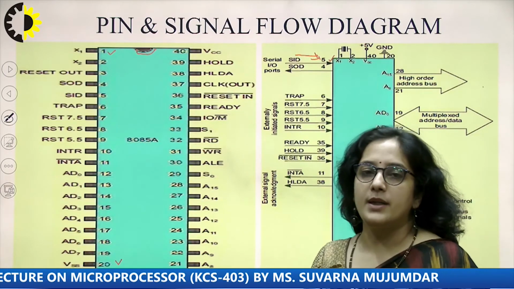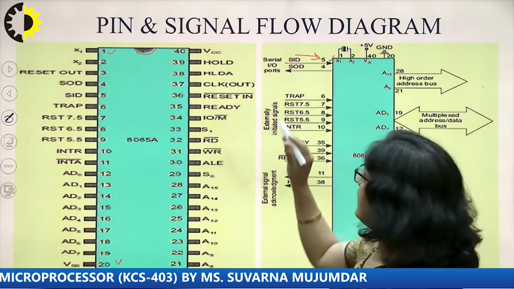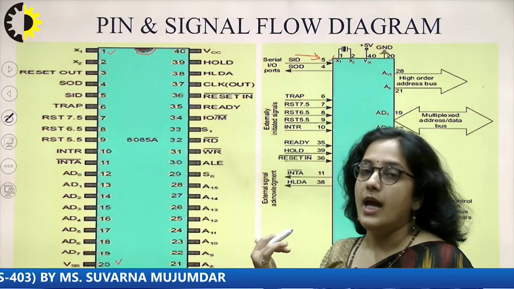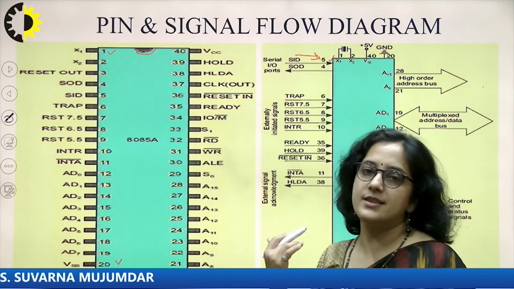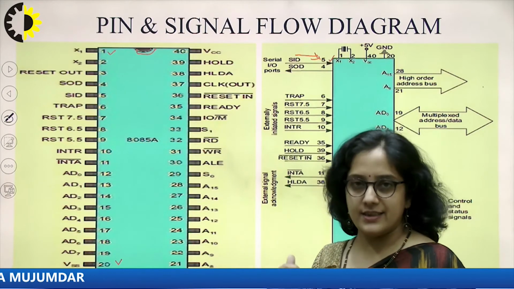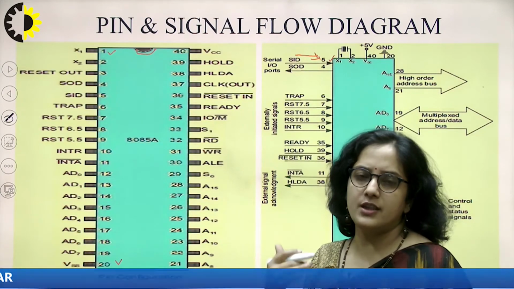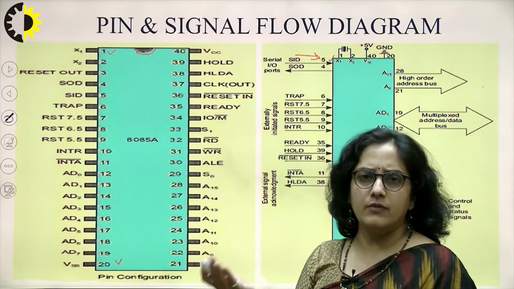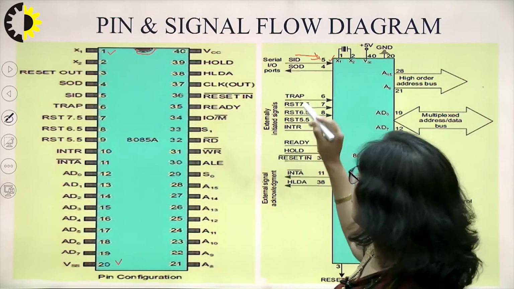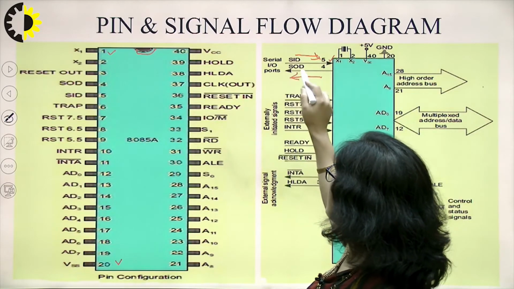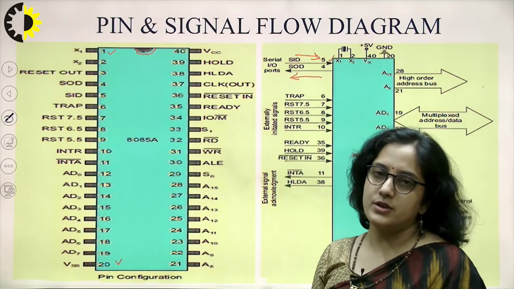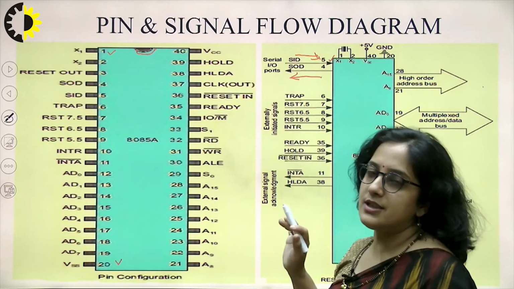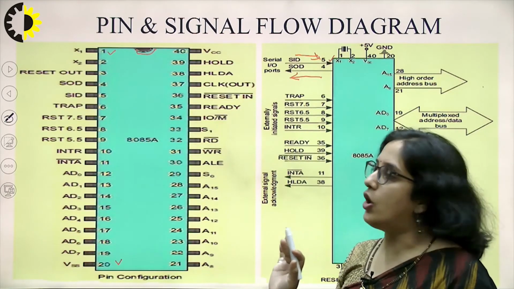Whenever the microprocessor needs data serially, the data travels on this SID line and goes into the microprocessor. When the microprocessor has to transfer data out, for example onto your LAN network or electrical wire, we connect to this SOD line. So the SOD line is the output, where the microprocessor gives data out to the outside world, so the arrow points outside. This is the signal flow representation of all the 40 pins.